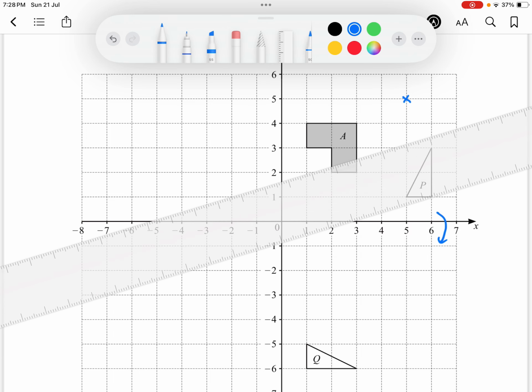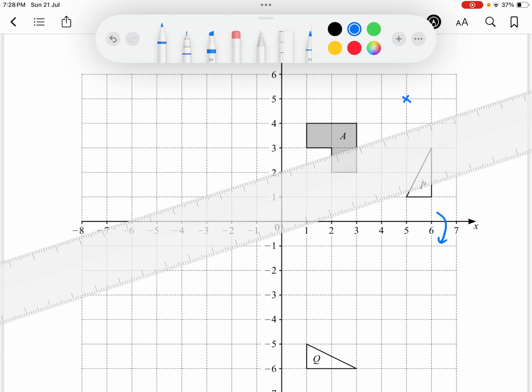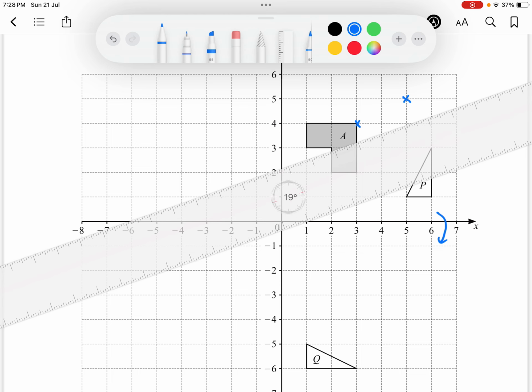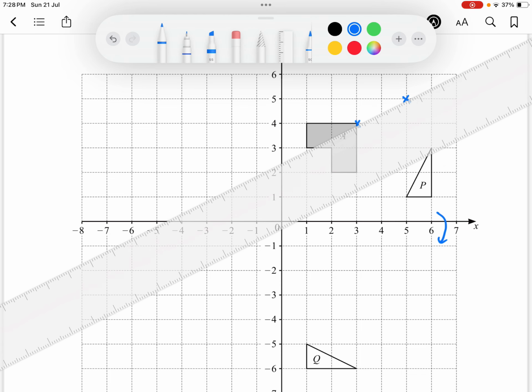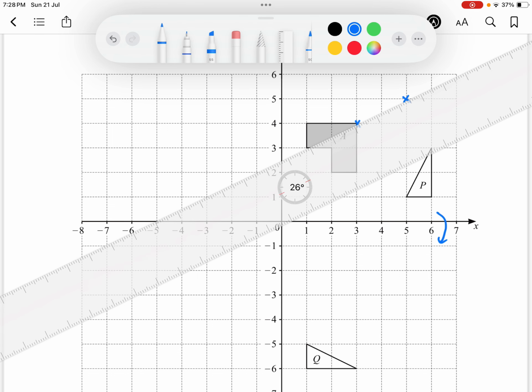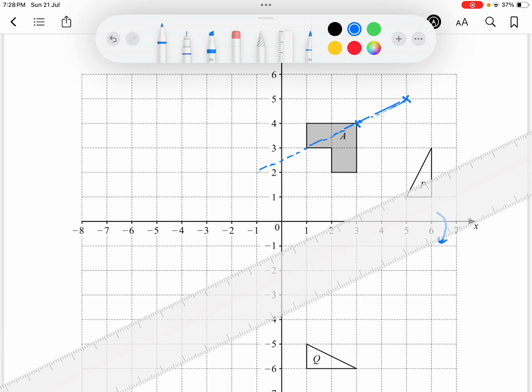So I'm going to pick one point here. So the distance from there would be, okay, so that's 1 distance, 2 distance, 3 distance. That means the corresponding point for this point is here.